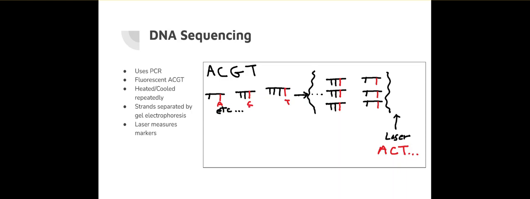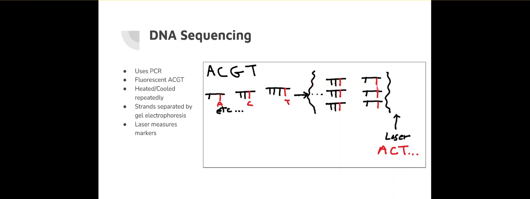Only one of the nucleotides will be fluorescent. And then what they do is they pass this through a gel with an electric current. And what this does is it causes the strands to separate out. And you will get the shorter strands first, and then you get the longer strands, second, third, fourth, however many.